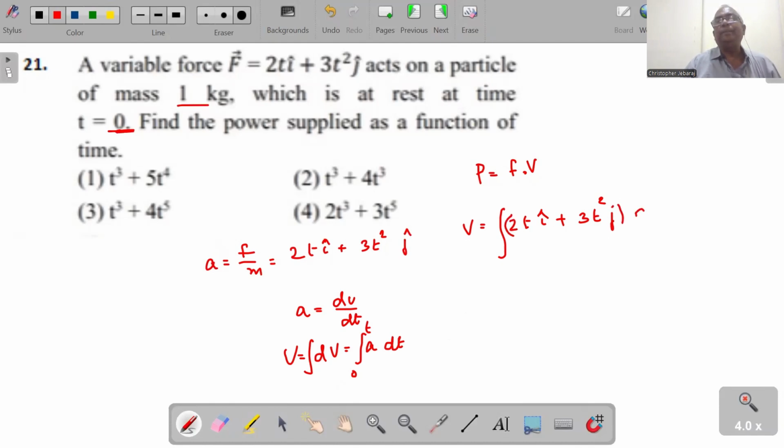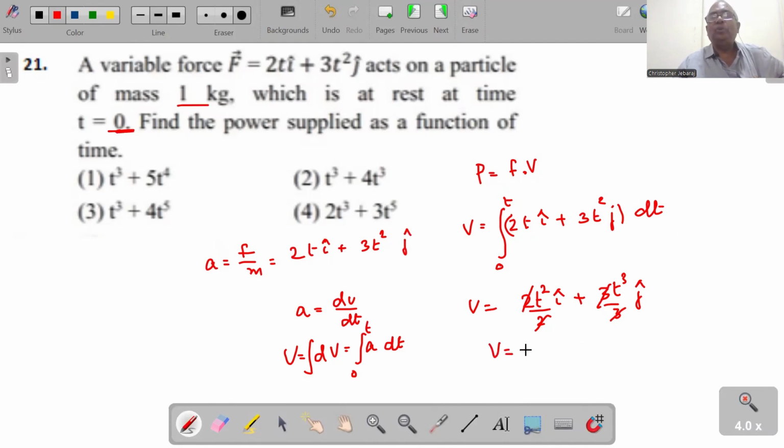into dt, with time from 0 to t. So once you integrate with respect to time, v will be equal to 2t squared by 2 i cap plus 3t cube by 3 j cap. 2 gets cancelled, 3 gets cancelled.